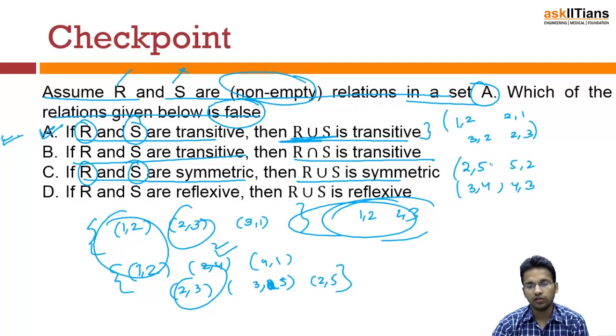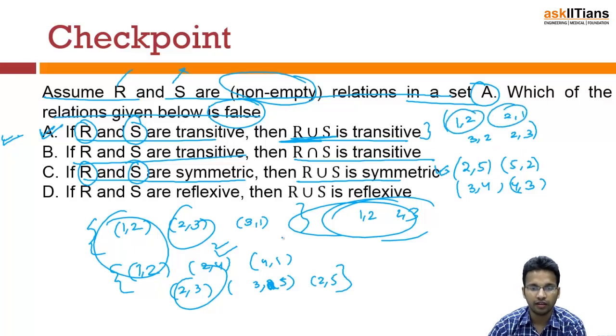Now if you take their union, this set also will be symmetric. Why? Because here you need to see that all the elements will satisfy that condition. There cannot be any exceptional case for that. So this is also true. Now the same you can check for this one.